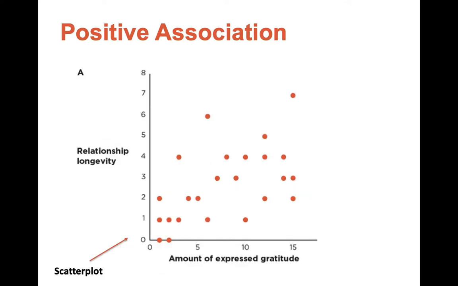If we knew, for example, that there is an association between the amount of gratitude that is expressed between 2 partners in a relationship, and if we knew that a couple express a lot of gratitude, that would lead us to predict that they will stay together longer in their relationship. And we will do a better job at having an accurate prediction to the extent that we have a strong association between the two variables.